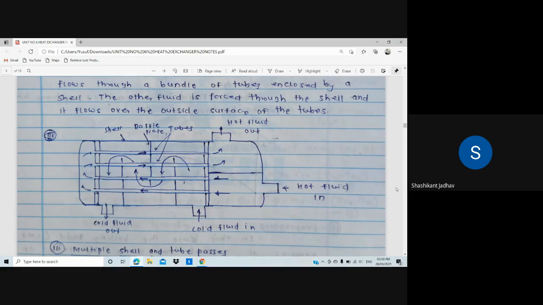Okay. So the diagram is over. Shell and tube heat exchanger.